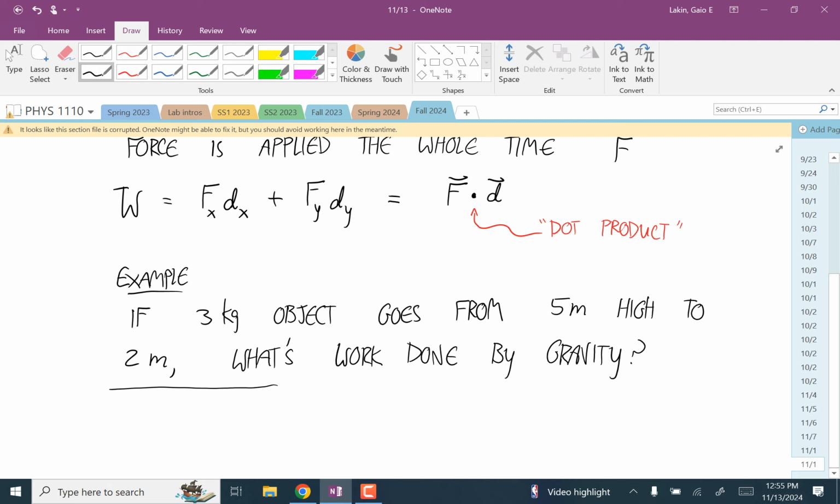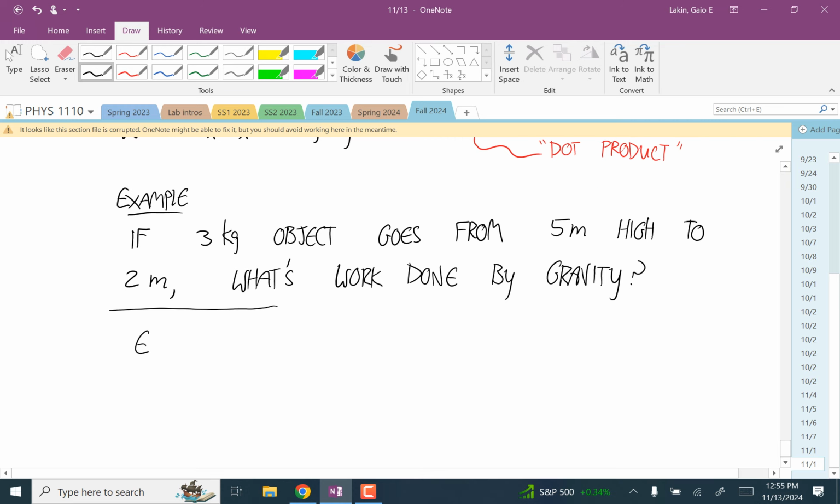Yeah, so we expect it to speed up, and so we expect to get a positive value for work when we do this calculation. Okay, so we expect work to be positive because it's going to be speeding this object up.